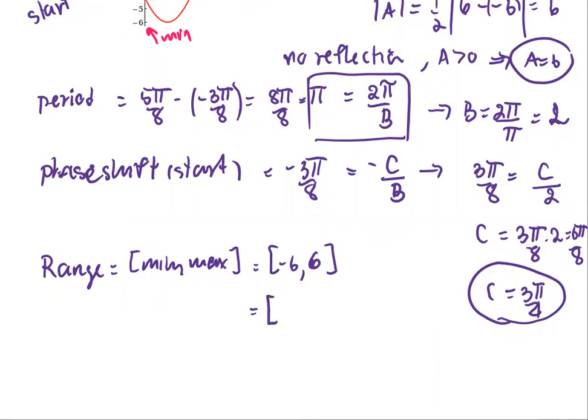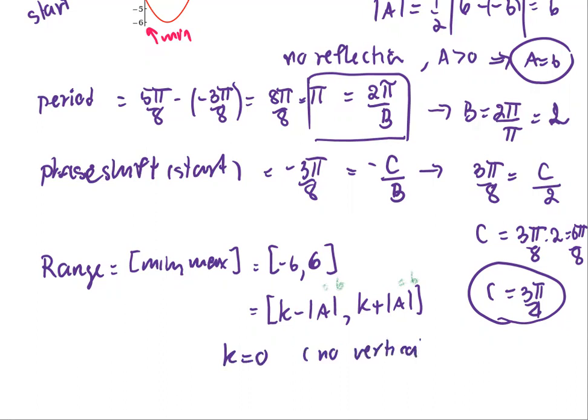With the formula, k minus absolute value of a is the minimum, and k plus absolute value of a is the maximum. Since the absolute value of a is 6 already, that tells us k equals 0, or no vertical translation.